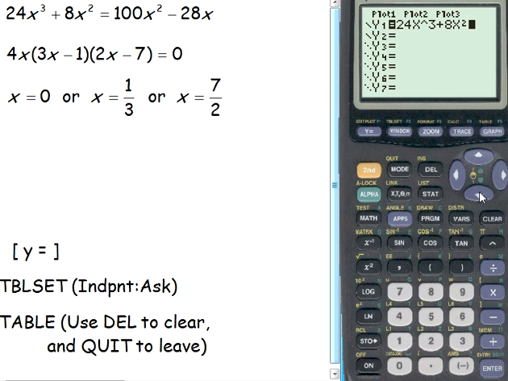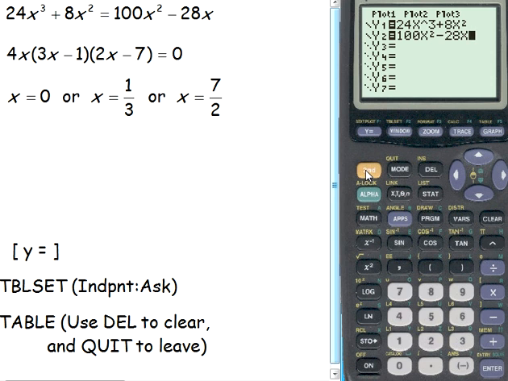And then we go down to y2 and enter the right side of the original equation exactly as written. 100 x squared minus 28x. And this is pretty easy to do, so it's worth doing.